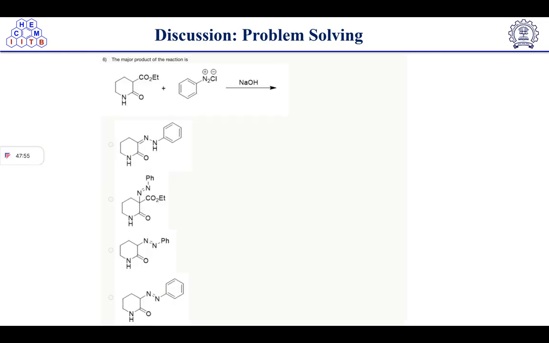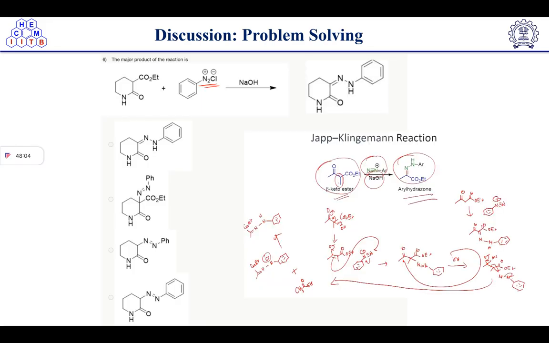Okay. Next, the major product of the reaction is, again we have diazo. Okay. So the mechanism is given here. What will happen here? Here we have an ester group, correct?